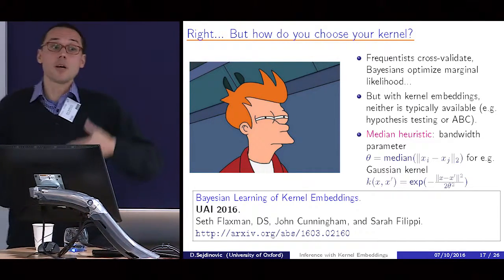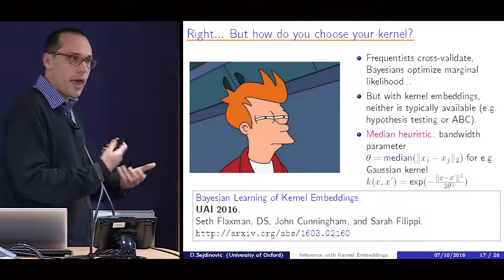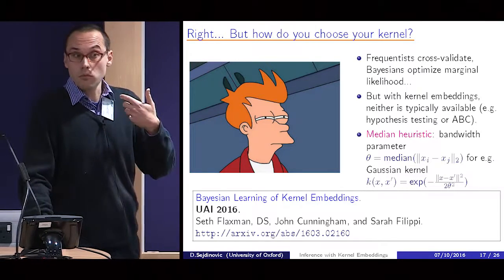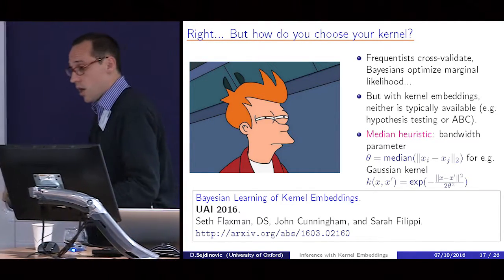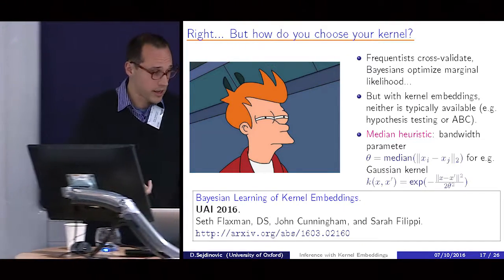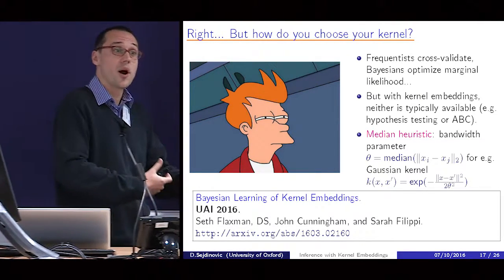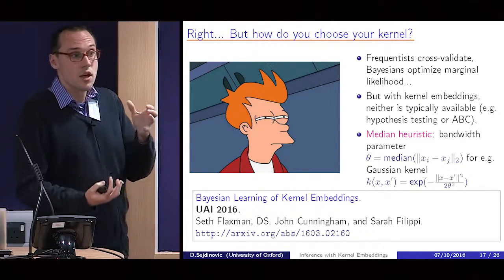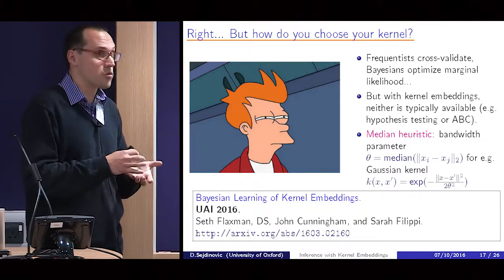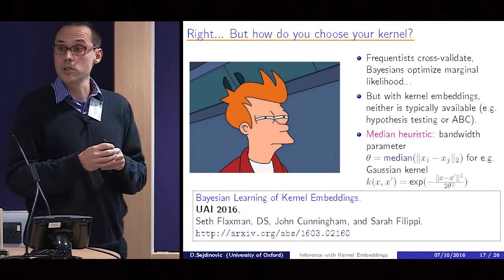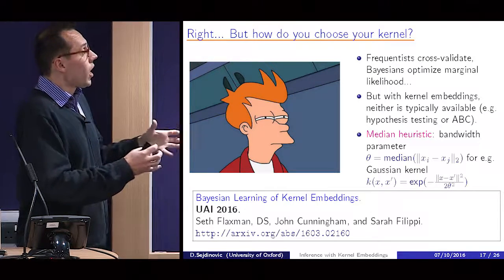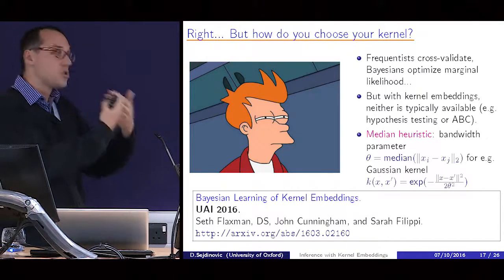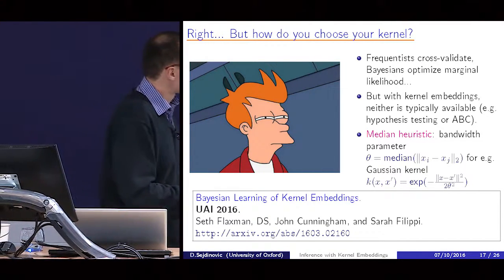But in a context like ABC, there's really no gauge of what a good hyperparameter choice would be immediately. And in non-parametric hypothesis testing, if I want to select the hyperparameter at the same time as doing the test, that brings other considerations, because you would also have to worry about multiple hypothesis testing issues and so on. So what I'd like to present here is a different way to think about these kernel embeddings that gives you a gauge on the choice of hyperparameters.